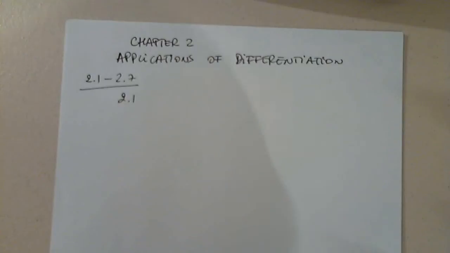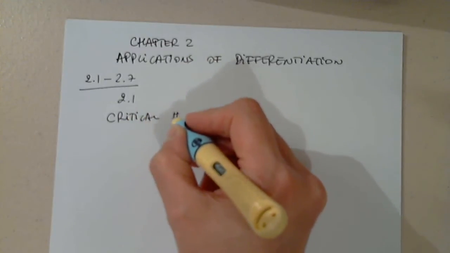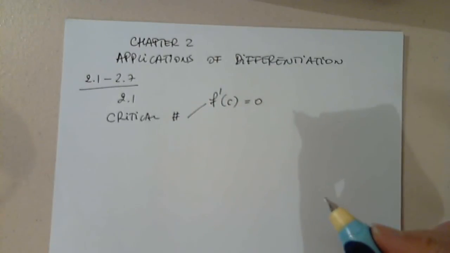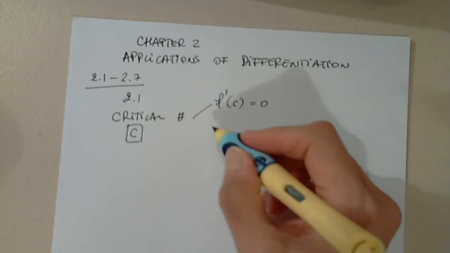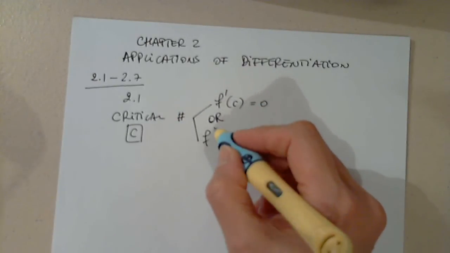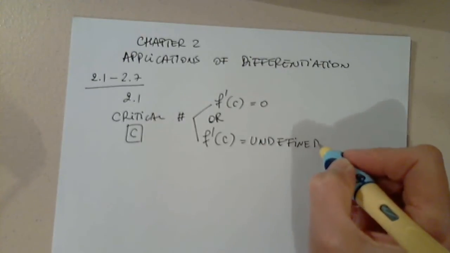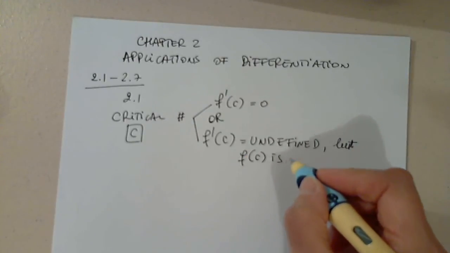I'm assuming you read about the critical numbers, and they can come from two different sources. So a critical number is c if f prime of c is 0, or if f prime of c is undefined, but f of c is defined.